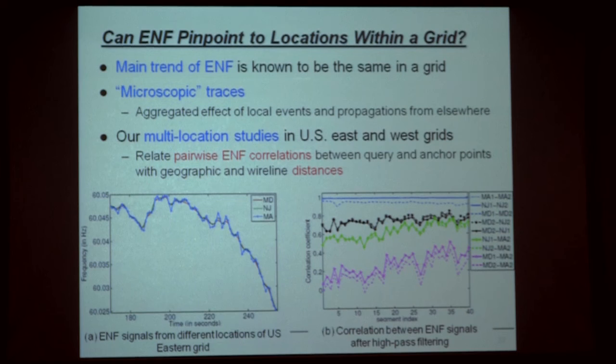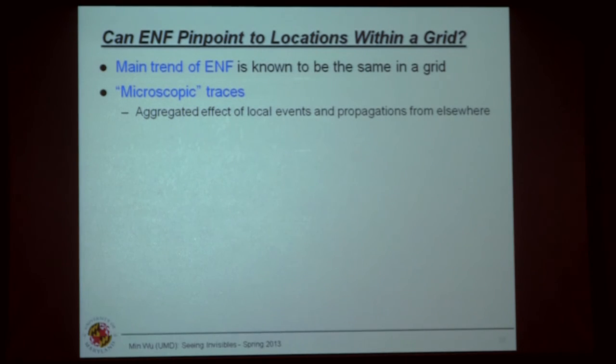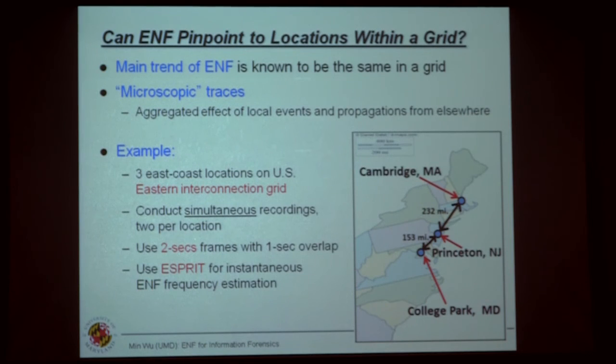By measuring the ENF similarity, we can estimate the potential distance, and that starts to be interesting. If we have anchor nodes at a few locations and record the ENF, then for any other recording we can look at the similarities in the detailed variation trends and estimate how far it is from our anchor points. That's a flavor of triangulation to pinpoint the locations.